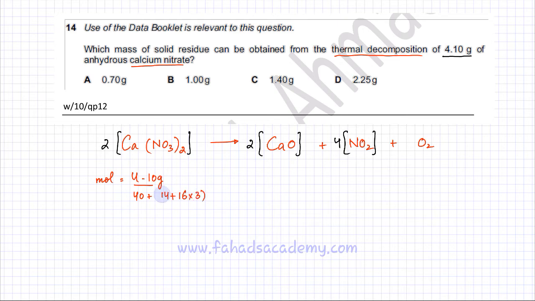There are 2 NO3s, so that's multiplied by 2. Using my calculator, 4.1 divided by (40 plus 14 plus 16 times 3 times 2) gives me a value of 0.025 moles.